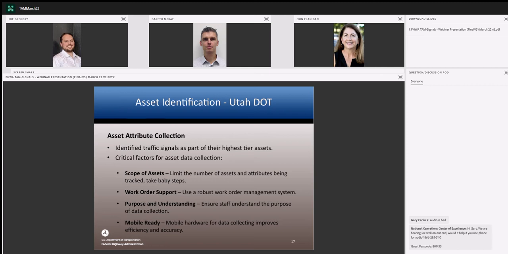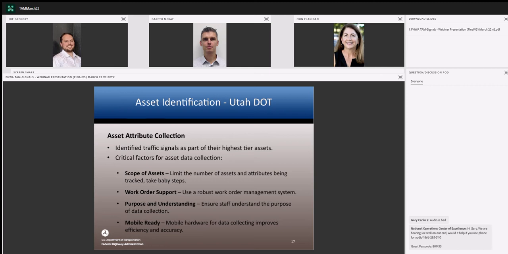They need to be able to analyze and communicate what's happening to those assets, what's changing with them over time, predict what's happening over time, what investments are made, when and why that is. And along with being able to communicate and have that information available comes dedicated funding for those assets. So obviously Utah DOT are recognizing the critical nature of traffic signals as part of their mobility network.